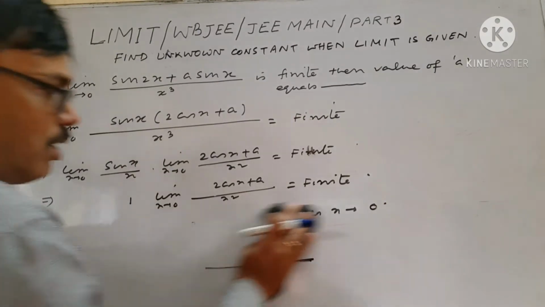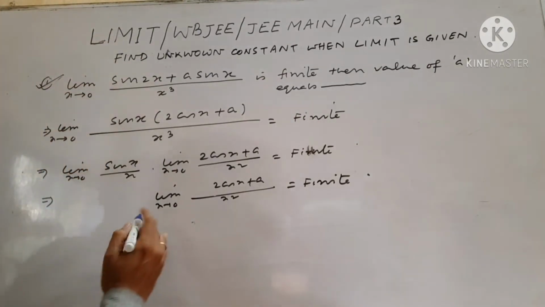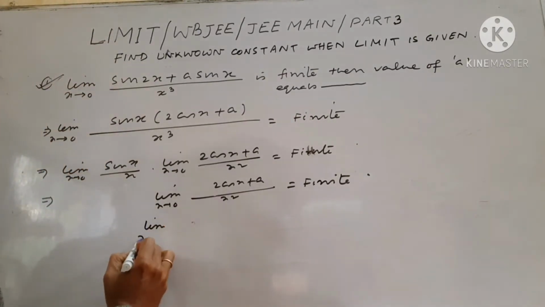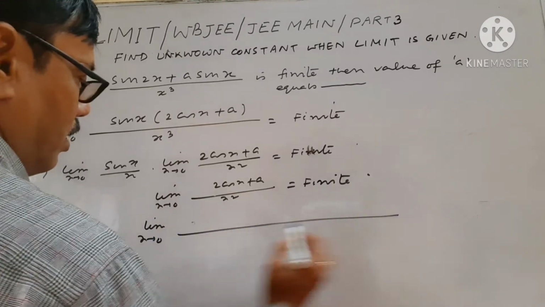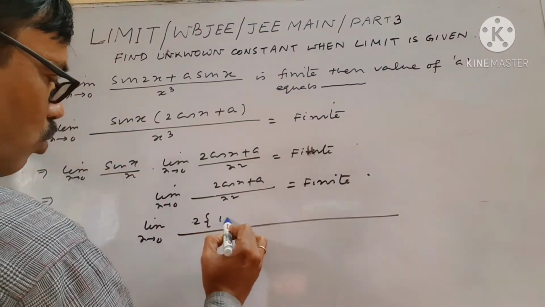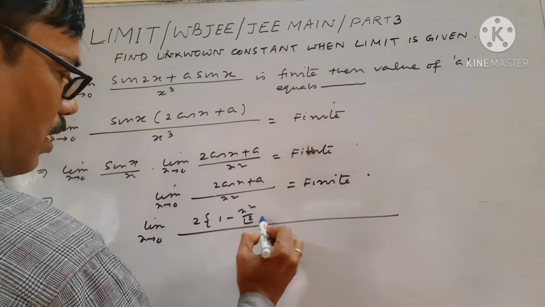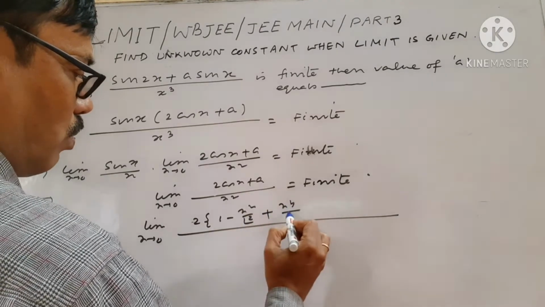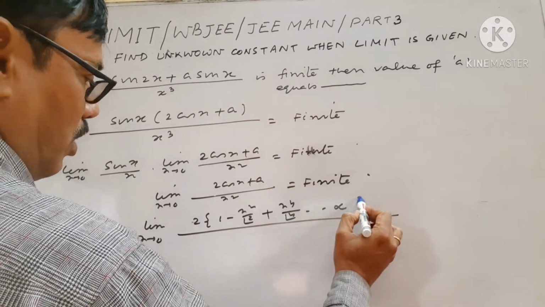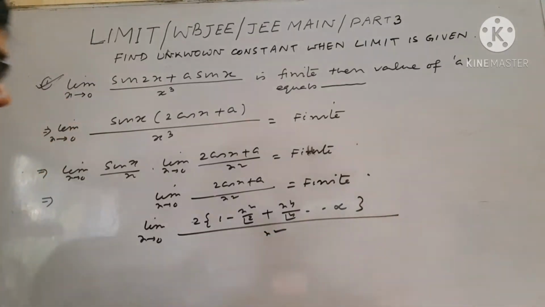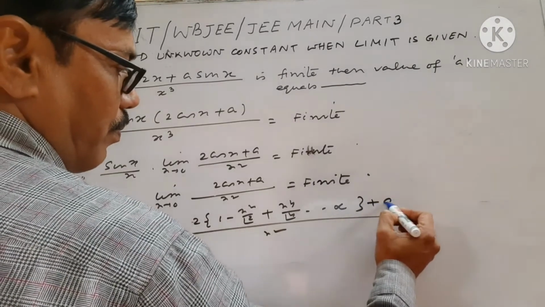What is the alternative one? We expand cos x: 1 minus x square by factorial 2 plus x4 by factorial 4 dot dot infinity, by x square plus a.